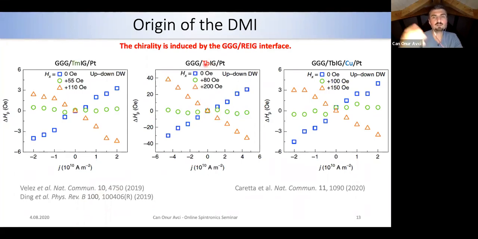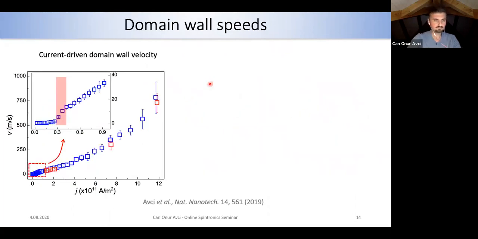If you measure yttrium iron garnet with perpendicular anisotropy, the DMI effect vanishes. There is no chiral magnetism occurring in that material. So the GGG and iron garnet interface is key, and the rare earth is key for the observation.